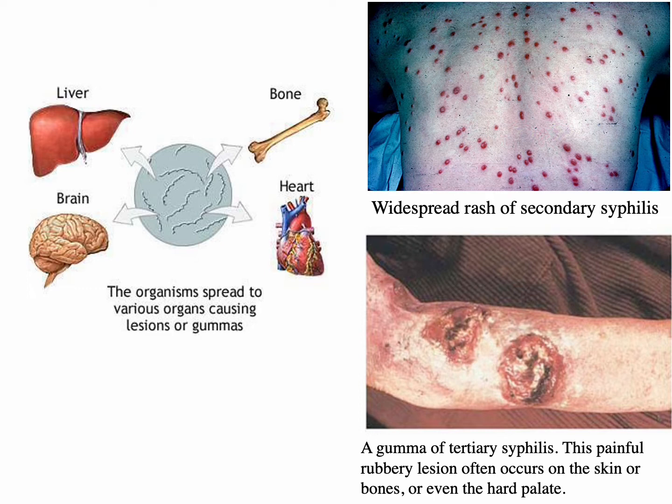So this is just a picture from the arm, but in the tertiary stage of syphilis the oral cavity can also have this lesion. On the left, it illustrates how the organism can spread to different organs: your liver, your brain, your heart, your bone. So these are later stages of syphilis.